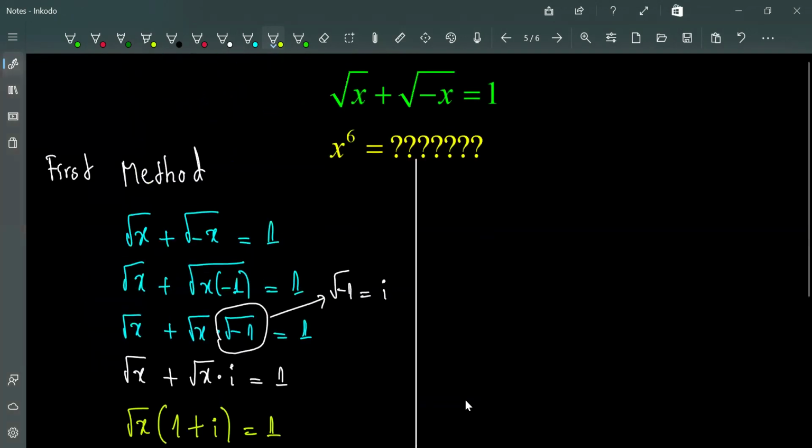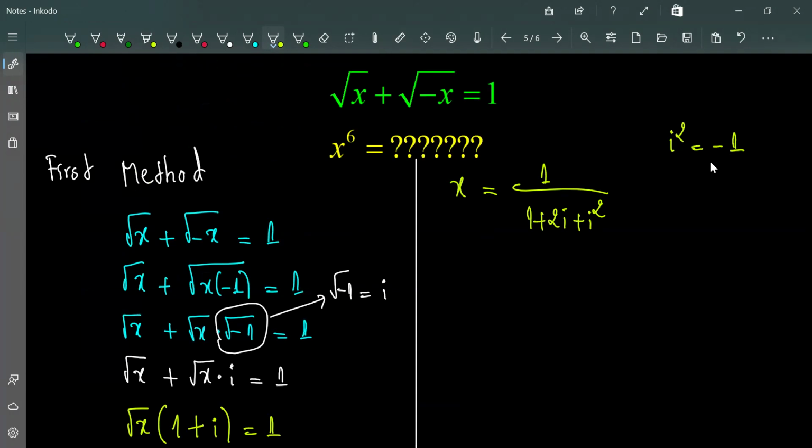Right now we can write x equal to 1 over 1 plus 2i plus i squared. So i squared is equal to negative 1.